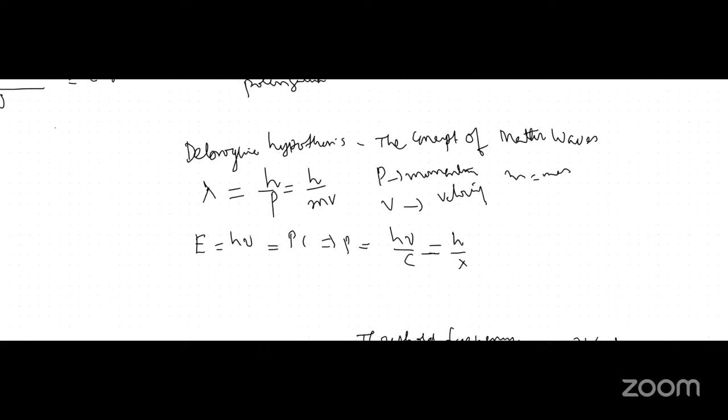The detector is set at a particular angle to the incident beam, and the intensity of the reflected beam is noted for different values. This is how they performed the Davisson and Germer experiment.